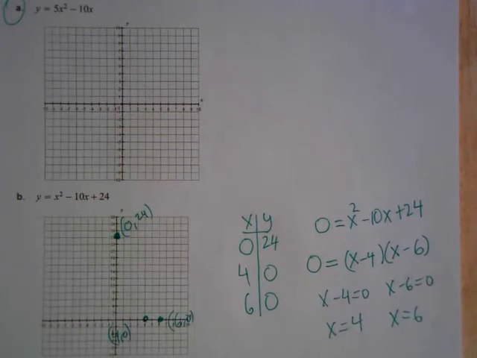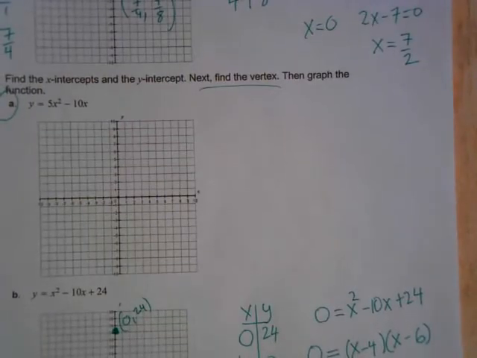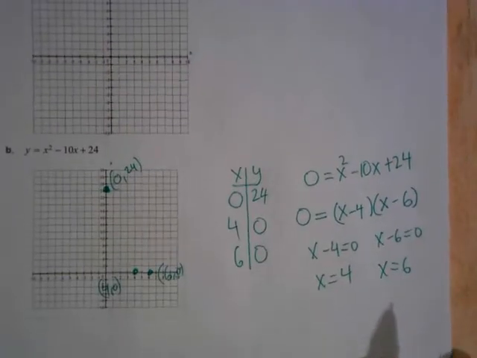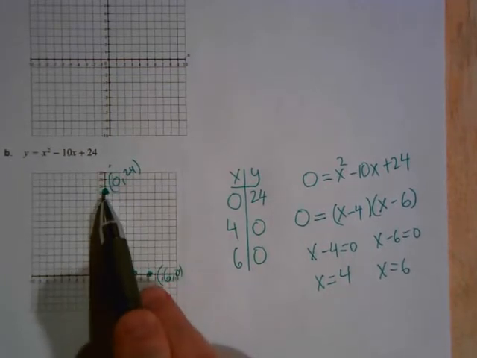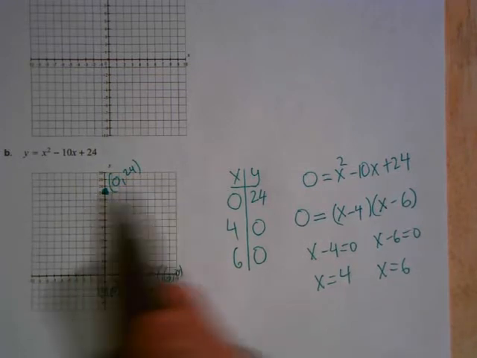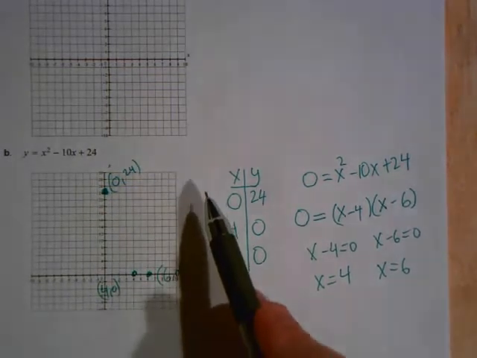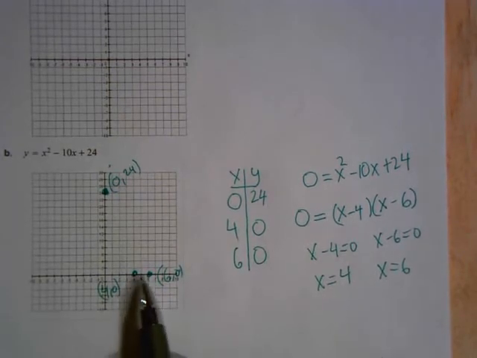All right. Then it says next, find the vertex. Well, here's the advantage of finding the x-intercepts. Before, we found the point 0, 24, and then we would find another point up here, and we would say the vertex is halfway in between, which is true, but at the same time, down here, I've got 2 points that have the same y value.